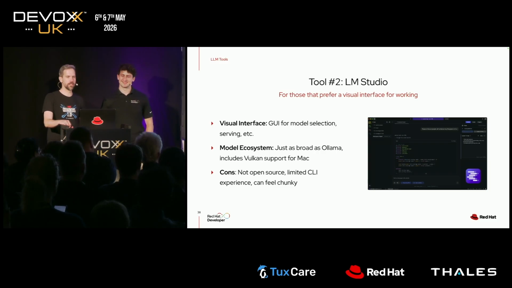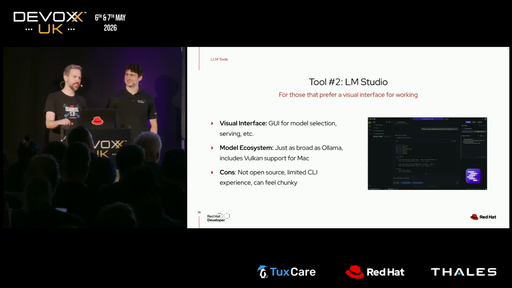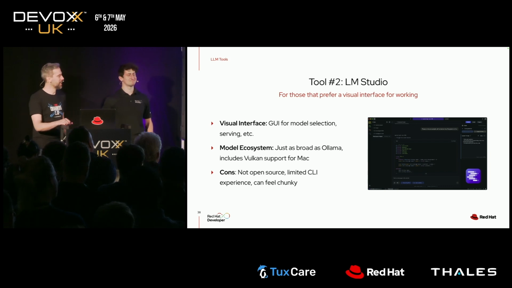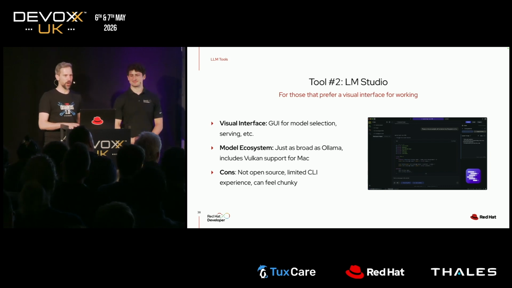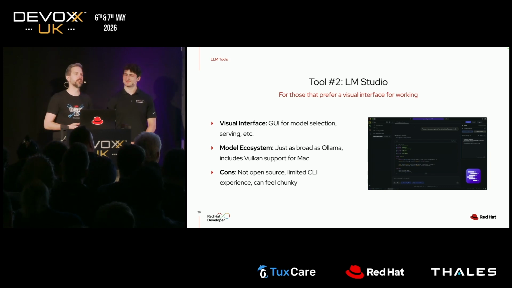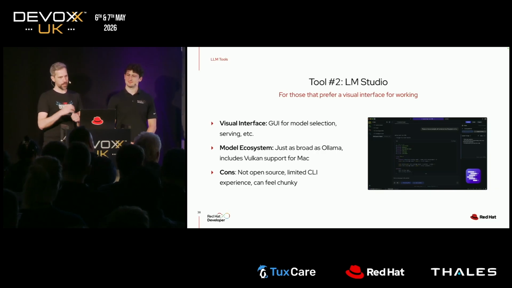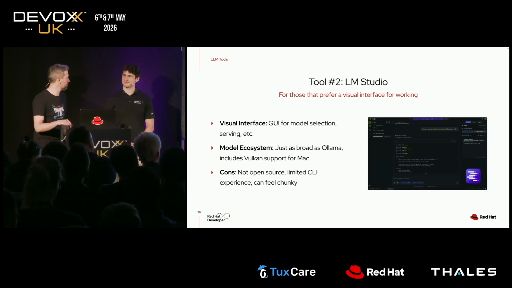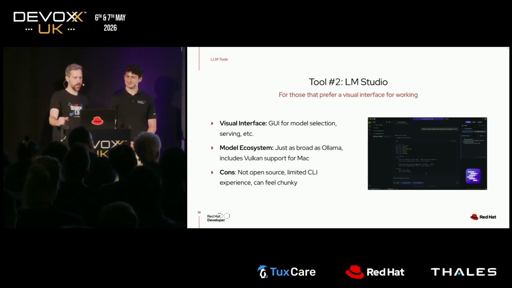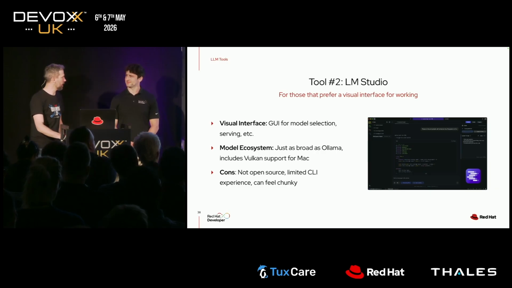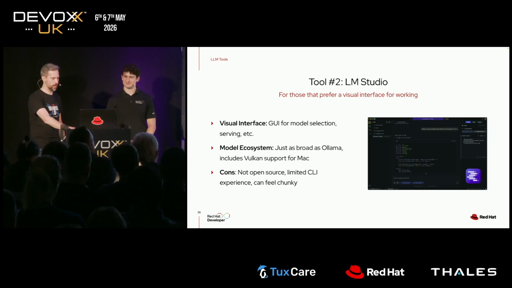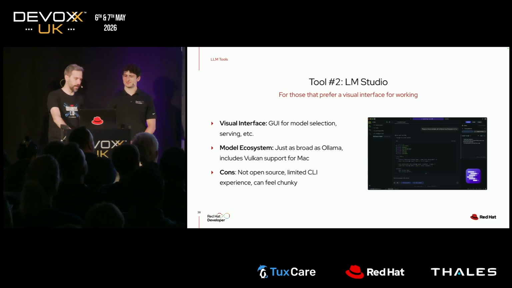I kind of hate to use it because it's not open source, and I really like to use open source stuff, but it works pretty well, especially when I'm using models to integrate with my AI applications, because I can change the configuration very easily. And it works pretty well on Macs, especially with Vulkan support.